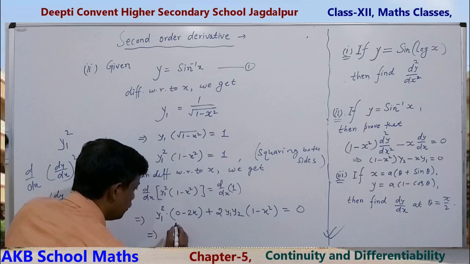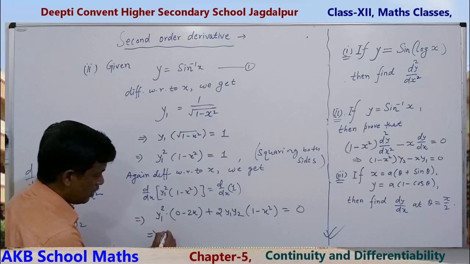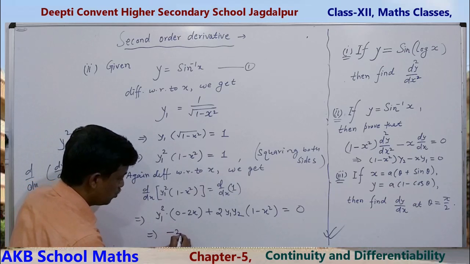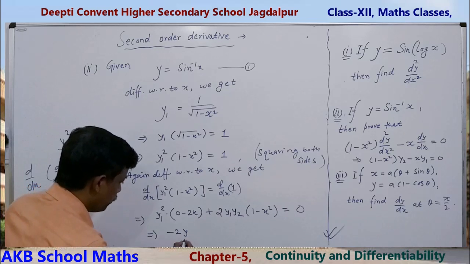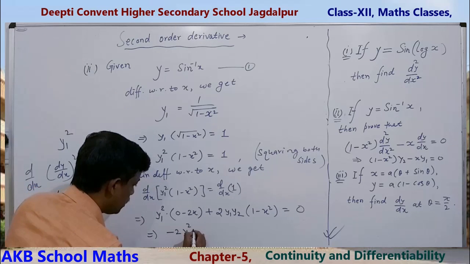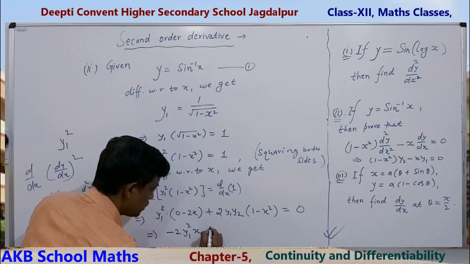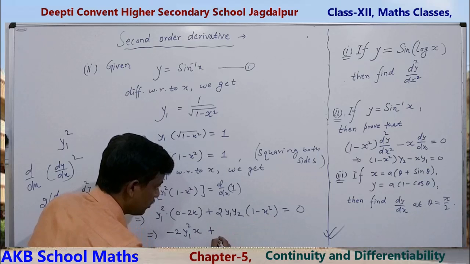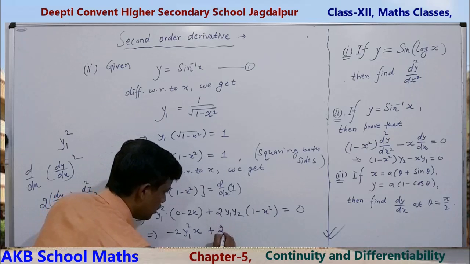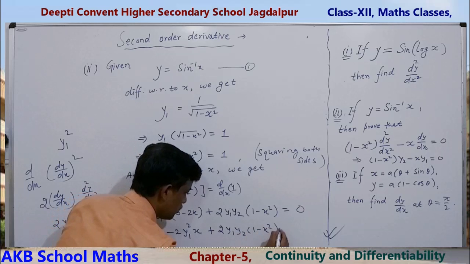So here we get minus 2 y1 square x plus, multiply this 2, or simply write like this: y1 y2 (1 minus x square) equals to 0.